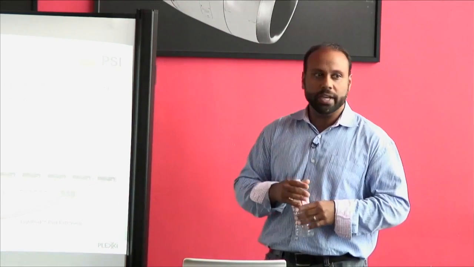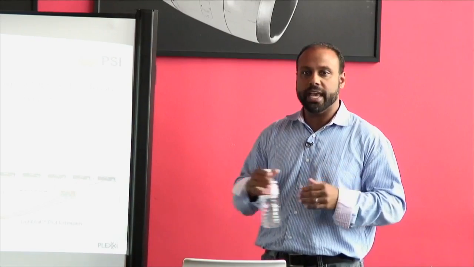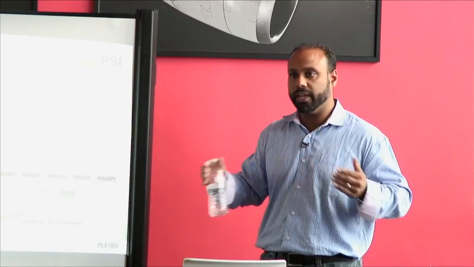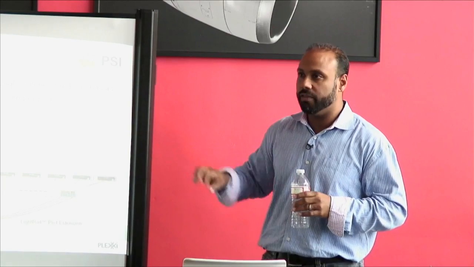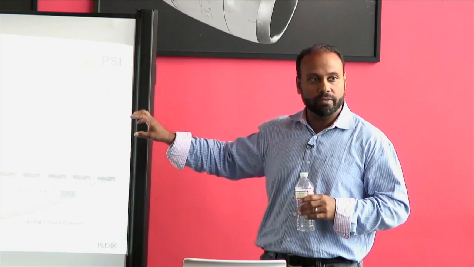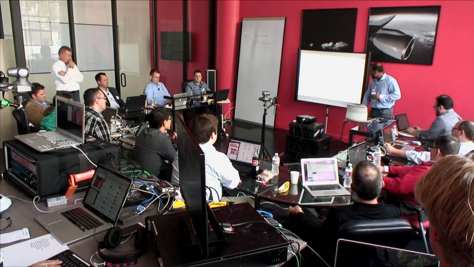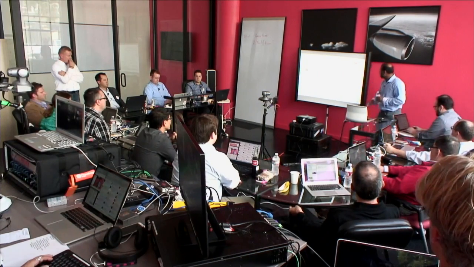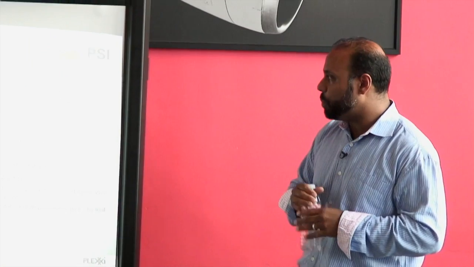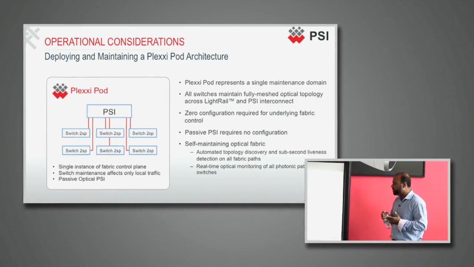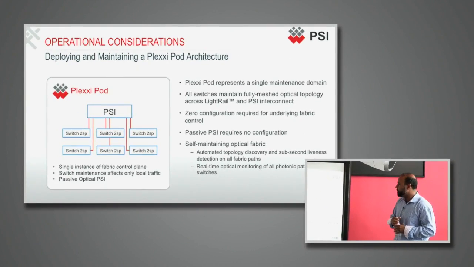So the customers that we have that are building these standard, big build outs, they already know exactly what every rack's going to look like, every row's going to look like, and they want it all pre-wired. They can get a lot of cost savings here, and they're familiar with the wiring pattern. So each pod essentially represents a single maintenance domain, just like a ring would.